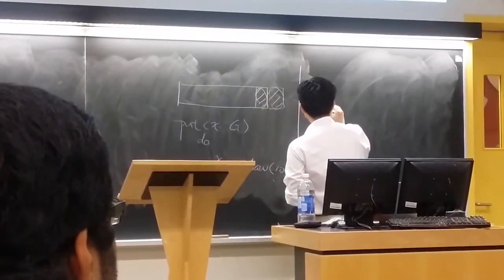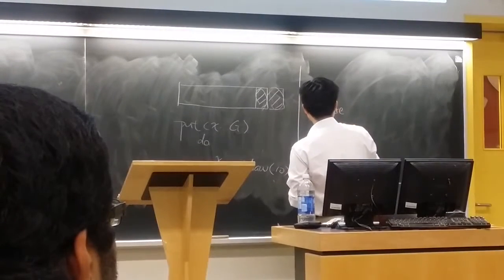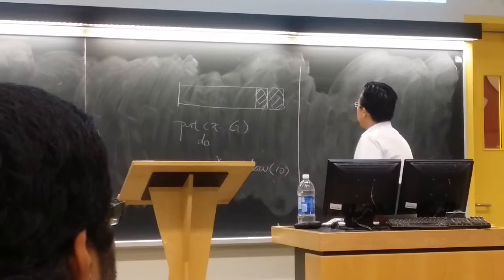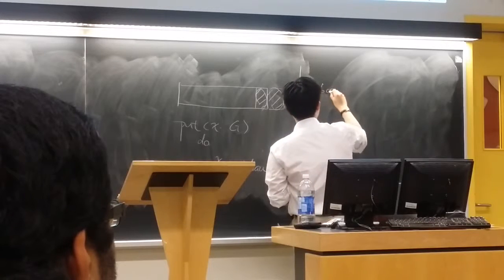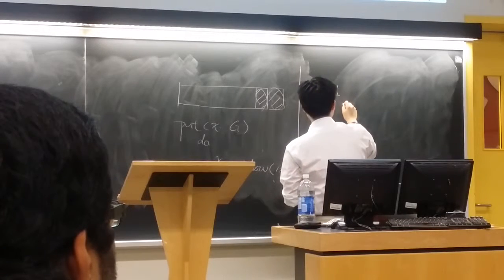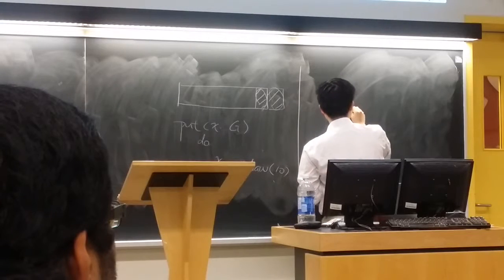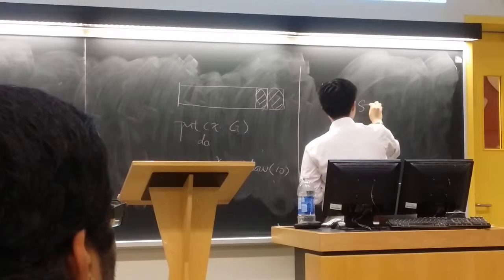So here you might say create. Okay, I should start from the declaration. So let's say you're trying to have some local variable here, an integer stack. Here I'll just say stack.